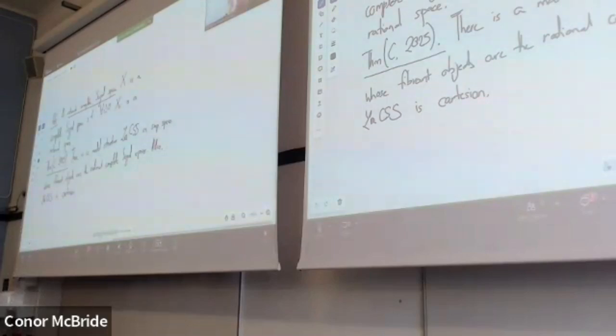I would think that if you had a category enriched over differential graded algebras over the rationals, that would give you a very nice one of these where all the compositions were associative and so on, but you could still have interesting higher dimensional aspects.